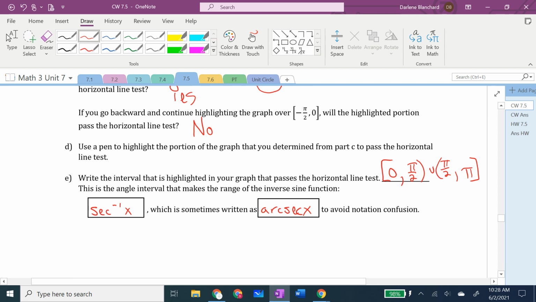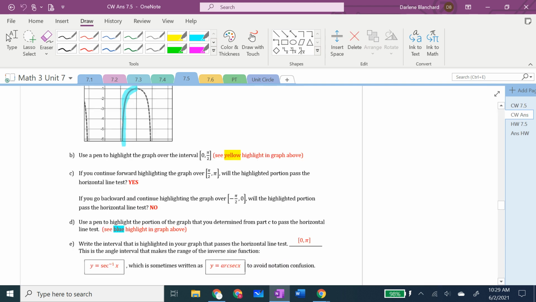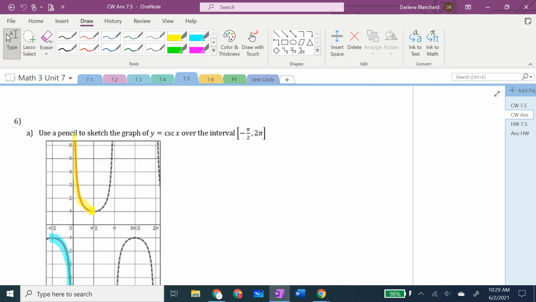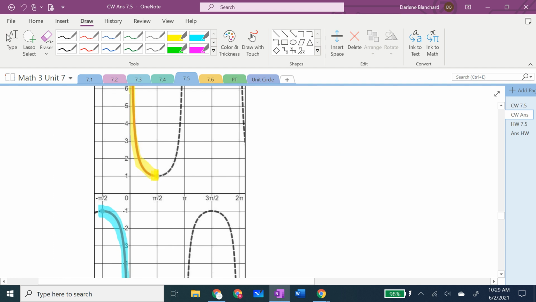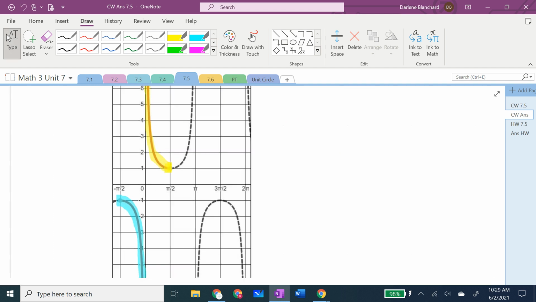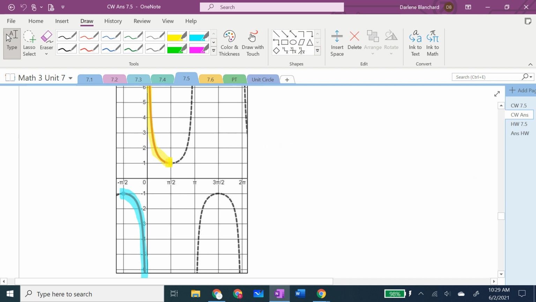Now I want to turn over to the classwork answers for the last one. I'll give you a moment to write that down. And then over to the classwork answers with the very last one. And this one has the same situation of I have to use a domain where an asymptote cuts it in the middle.